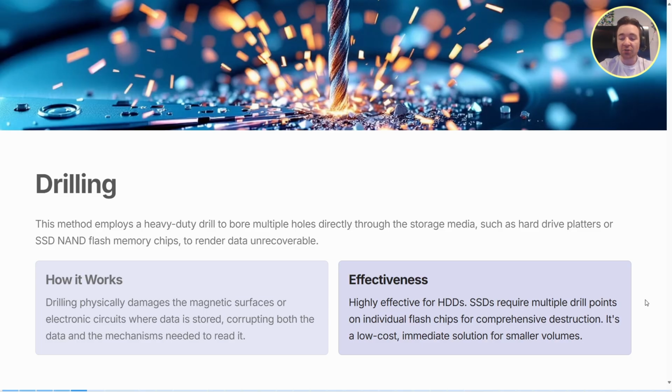for comprehensive destruction. Now, guys, if you're destroying a drive with a drill, generally we're thinking of maybe you're one person and you've got 1 or 2 drives that you want to completely destroy and you have a drill in your backyard. Really, this is the situation we're looking at, right? Some of the other methods that we're going to talk about require specialized equipment.